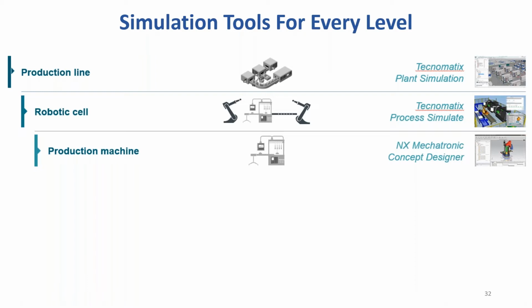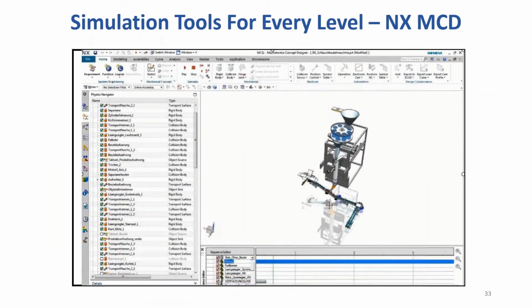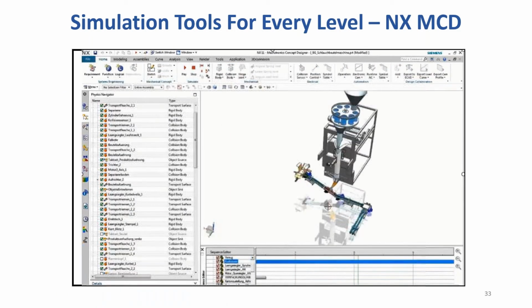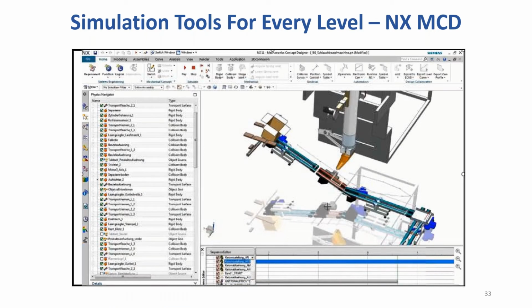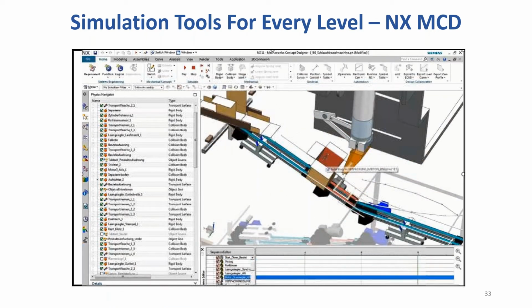We have another nice quick video that shows this simulating a packaging machine. Be sure not to miss the physics navigator at the left and the user-friendly sequence editor at the bottom. So again, you can see the sequences being highlighted as the animation progresses.